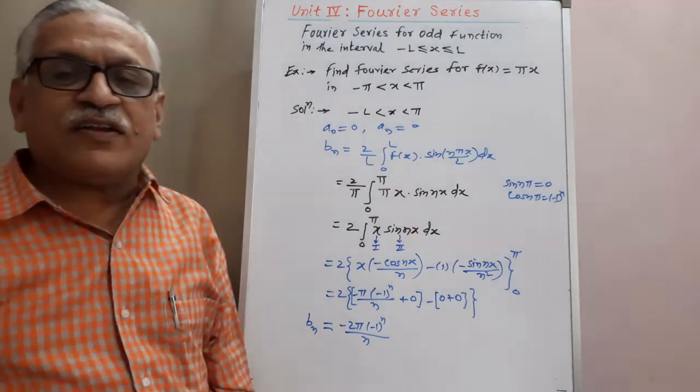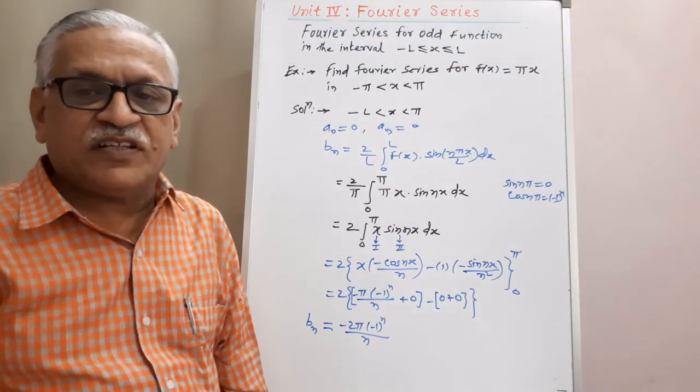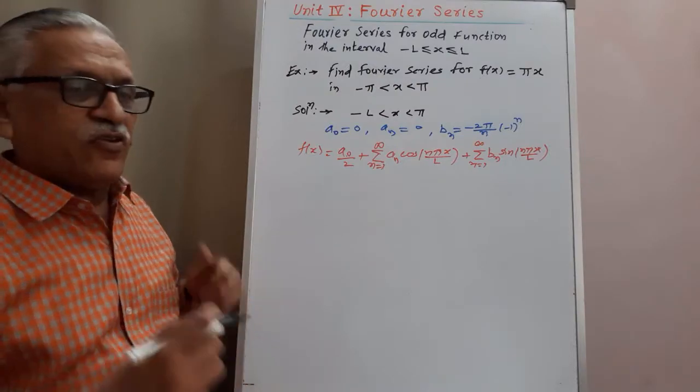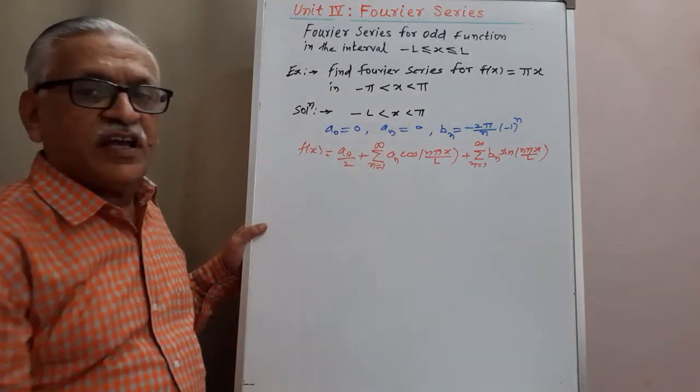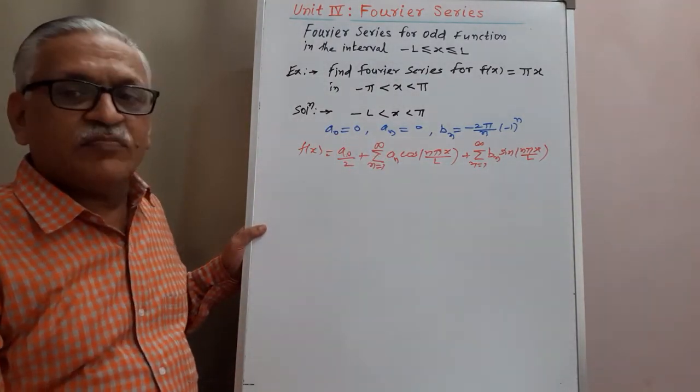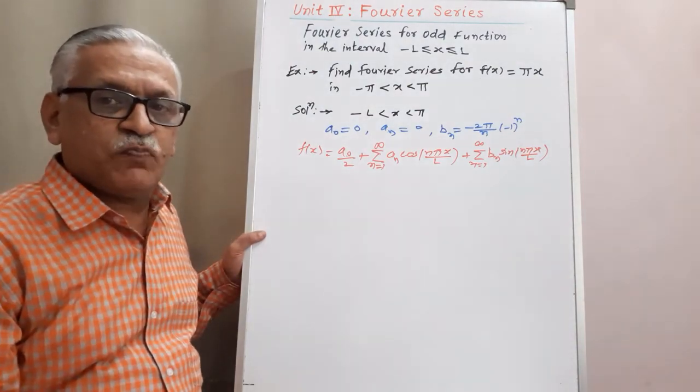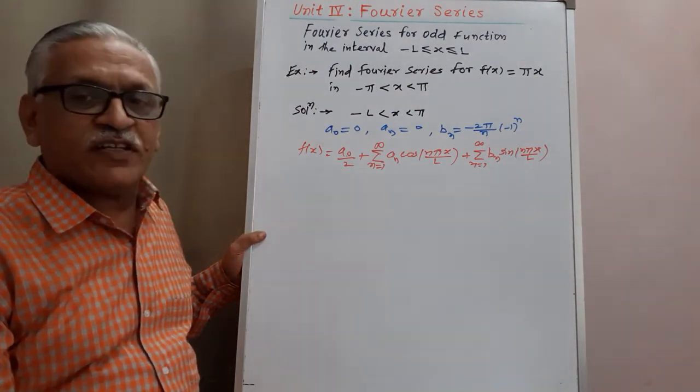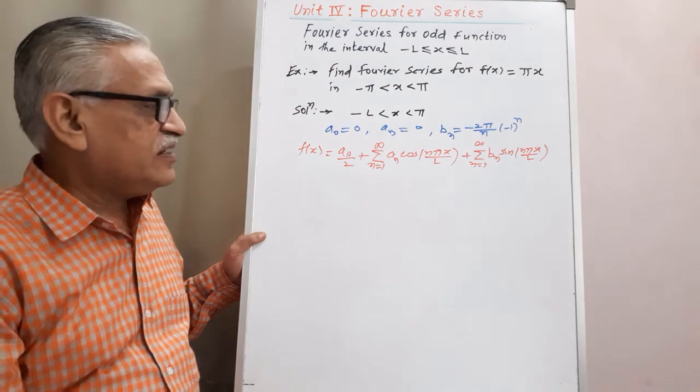Then substituting these values in the Fourier series result, we have a0 is 0, an is 0, and bn is equal to minus 2 pi into minus 1 raised to n divided by n.